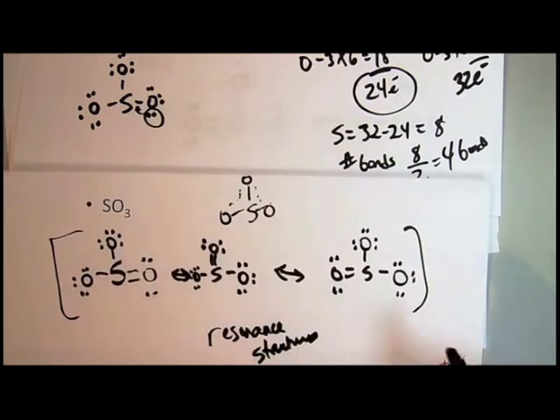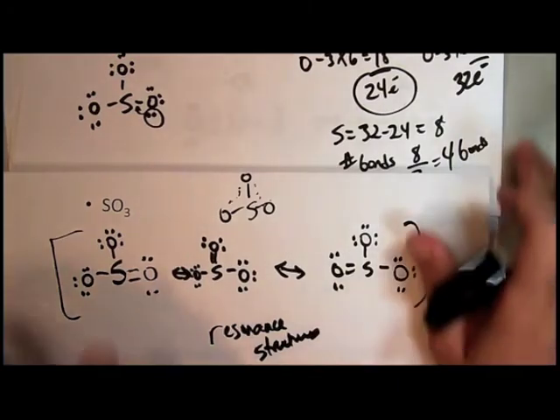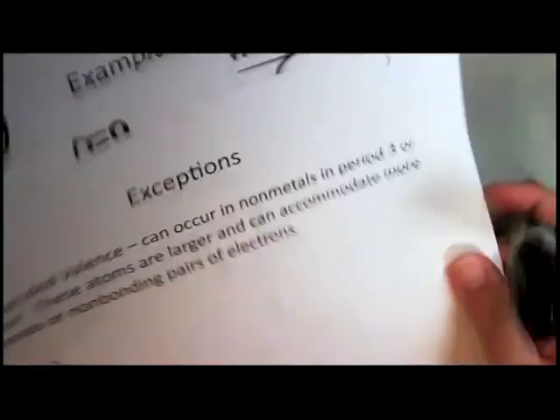It's not a full double bond or a full single bond. This special situation occurs when you can form a double bond and it doesn't change the structure of the molecule. If you put it here or there, it's still the same.